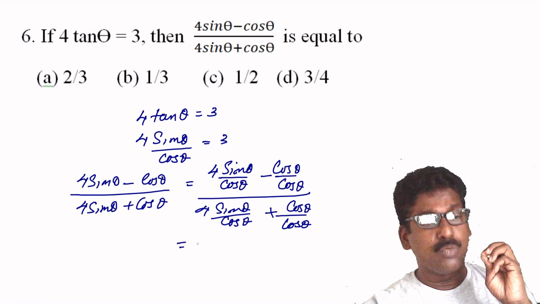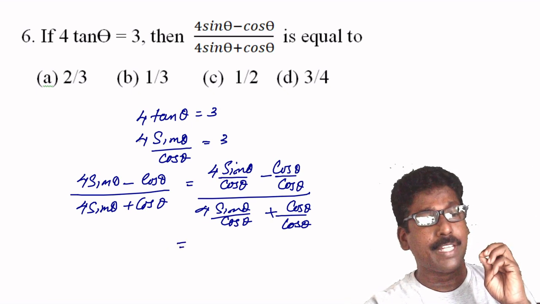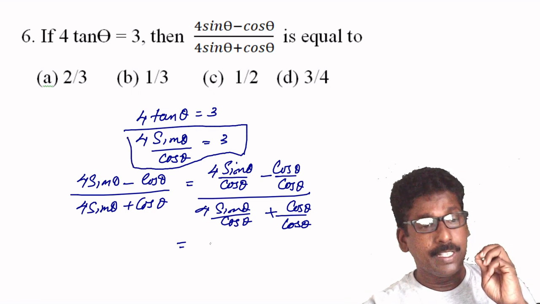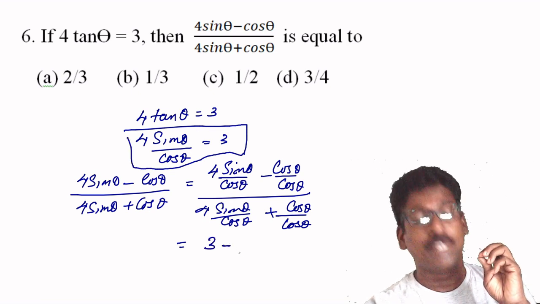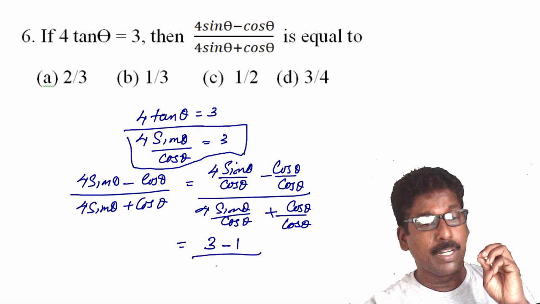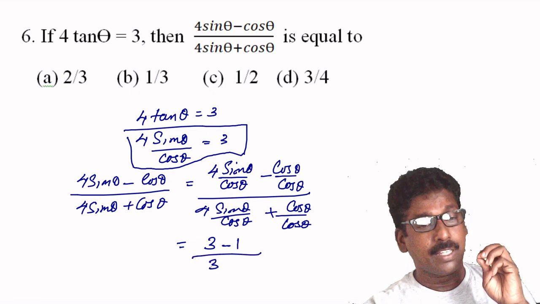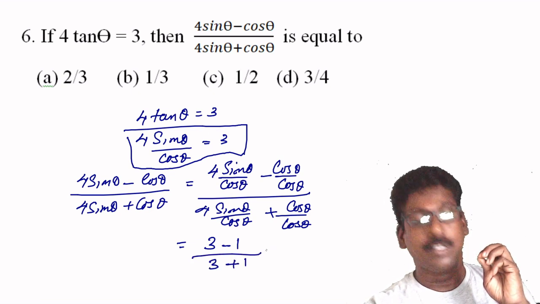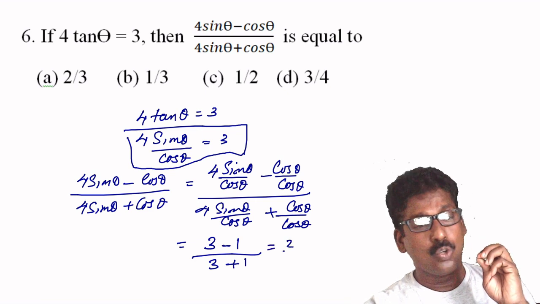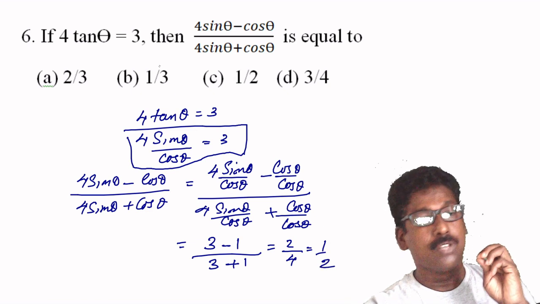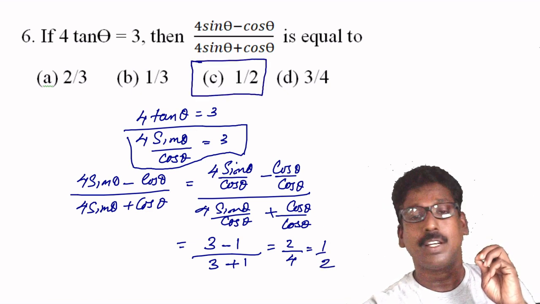Now you can see 4 sin theta by cos theta, you can take it as 3. So here it is 3 minus cos theta by cos theta, 1. Similarly here it is 3 plus 1, which is equal to 2 by 4, which is equal to 1 by 2. So option C, 1 by 2 is the correct answer.